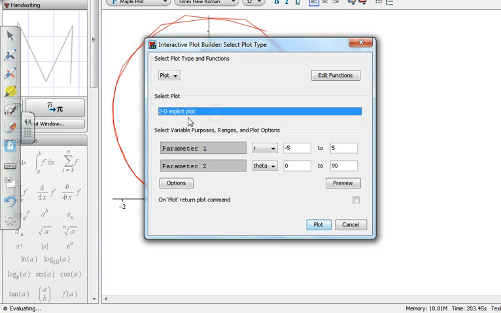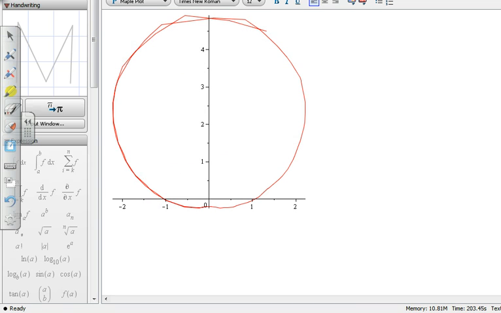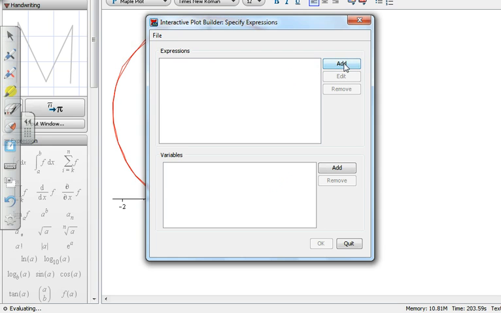All right, so implicit three-dimensional plot. Plot, edit functions. All right, tools, assistants, plot builder.